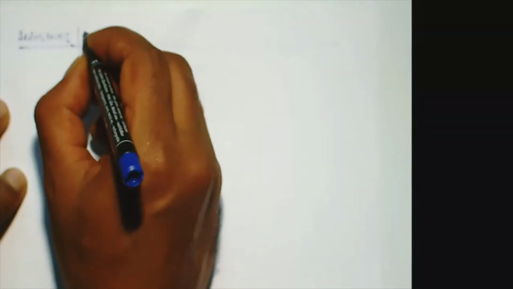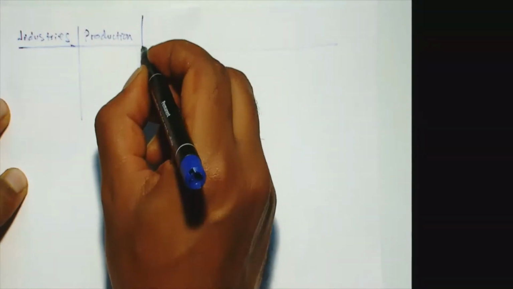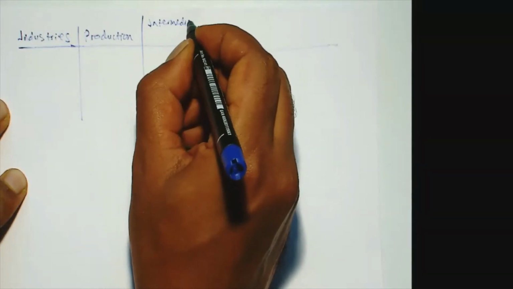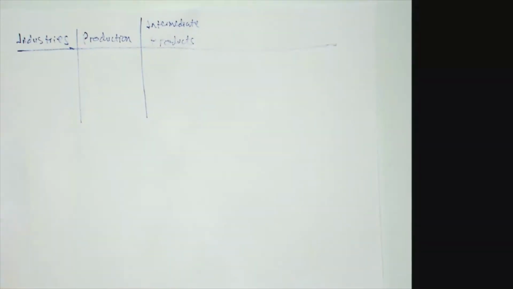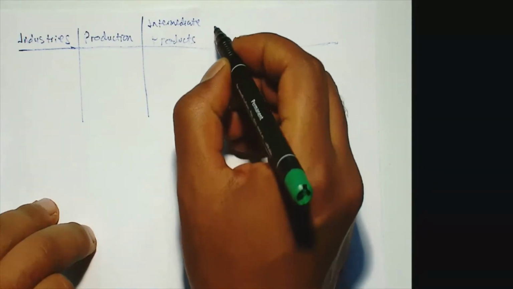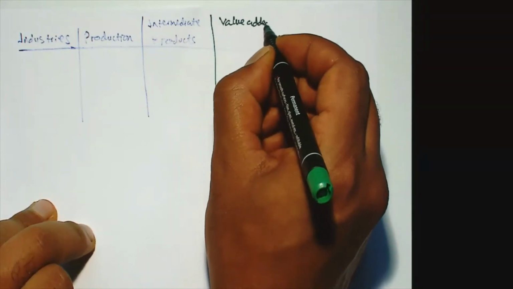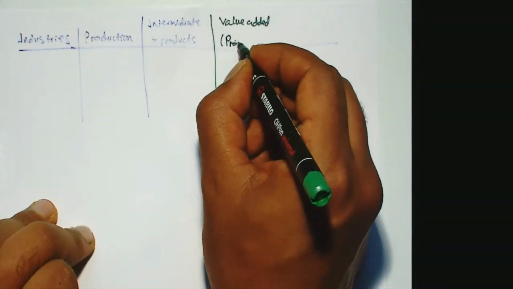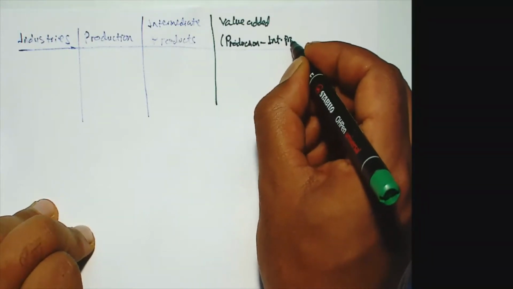And we would have production first, followed by intermediate products, and followed by value added, which can be calculated by the formula production minus intermediate products.